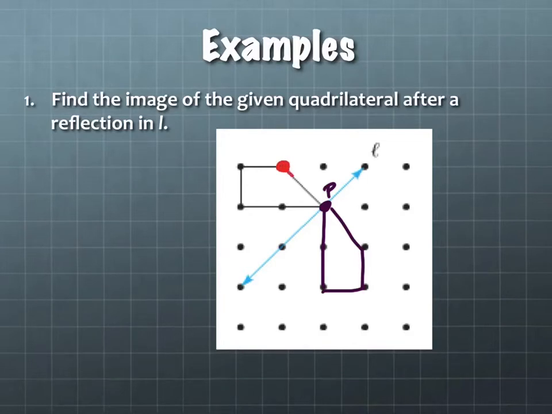This point, if you look at this line segment, is perpendicular to the blue line, correct? So if I were to continue going perpendicular to the blue line in the other direction, the same distance, it will be reflected here. That's probably the easiest point to see because the perpendicular is drawn in.